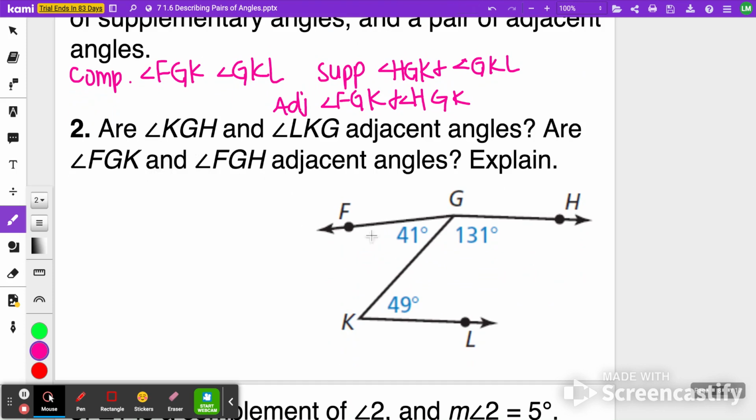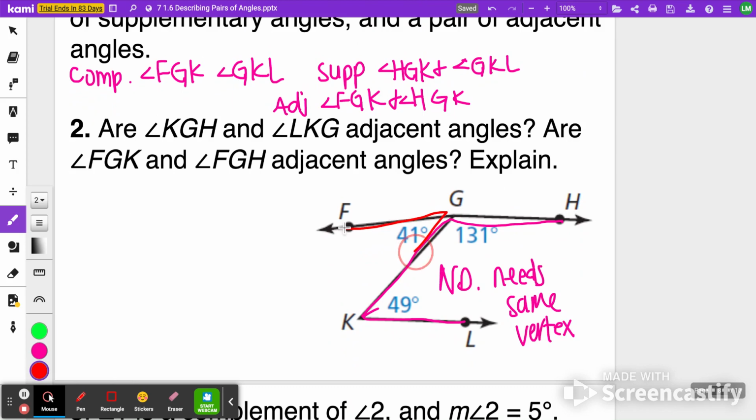Explain. Let's start with KGH. Here's KGH, and here is LKG. These are not adjacent, no, because they're not sharing the same wall. They actually don't even share the same vertex. The next one is FGK.